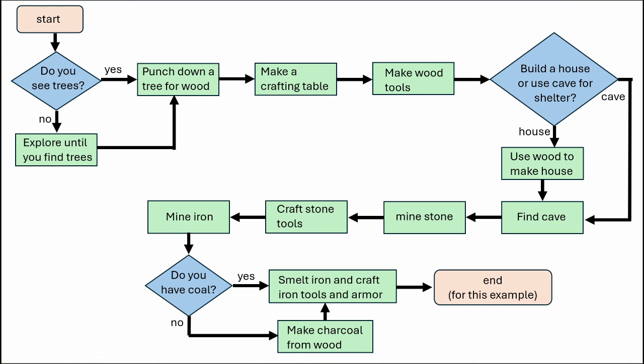Now you notice that our other path connects into this one too. Because if we go for the no path, like if we didn't see wood nearby, and we say, okay, we explore until we find a tree, then our next step is going to be the same next step as if we started by trees, right?